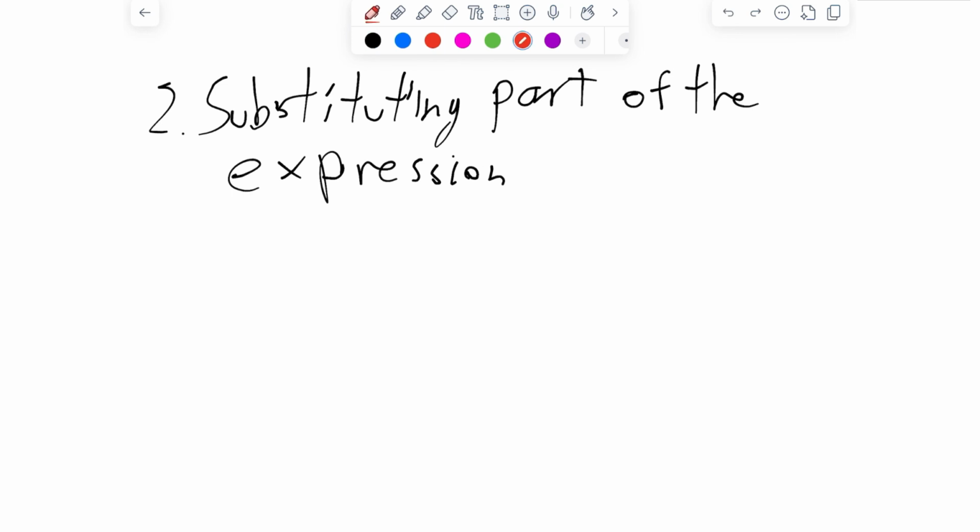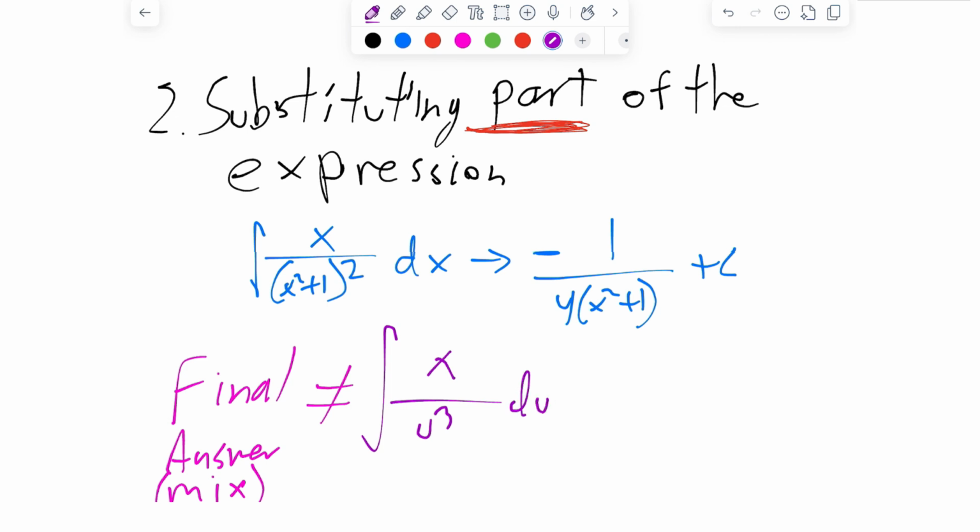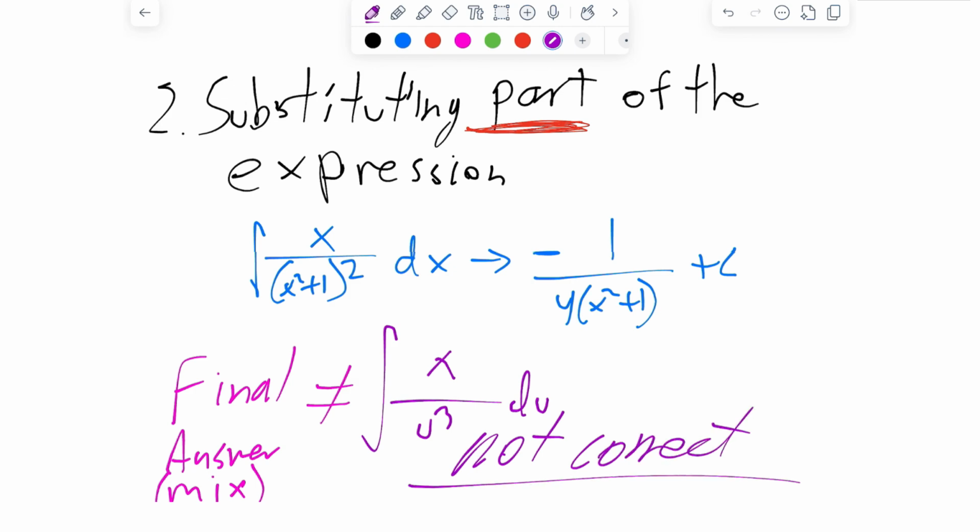The second most common mistake students face during the exam is substituting part of the expression. And we gotta emphasize part of the expression. Because let's take this example integral over here. We have this base integral, and the actual answer is negative 1 over 4 times x squared plus 1, plus c.